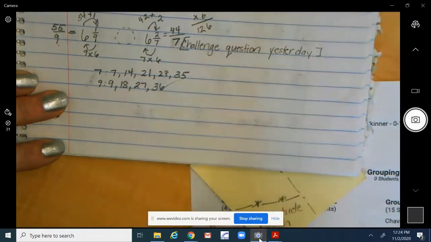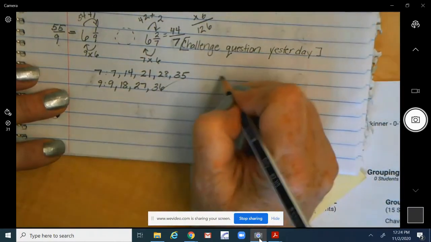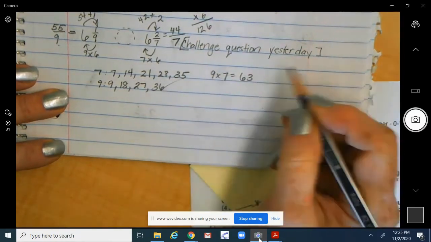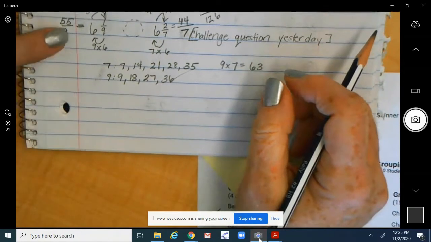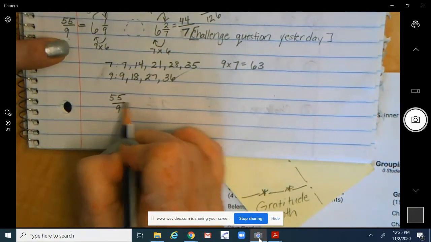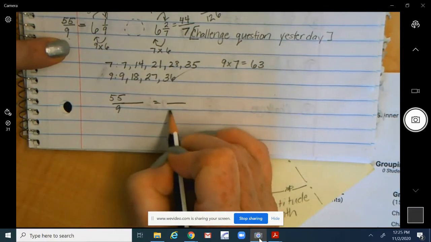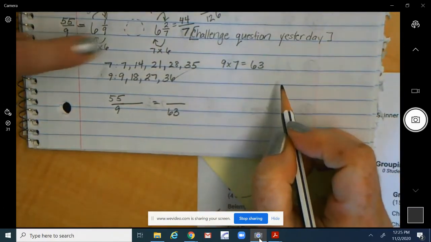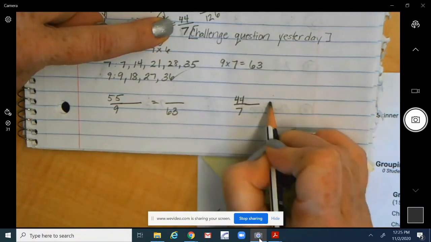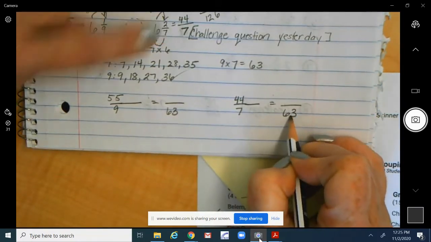Nope, we're definitely not. So I'm just going to do 9 times 7. 9 times 7 is back to my 63. Okay, so 55/9 has to be changed into 63rds, and 44/7 has to be changed into 63rds.